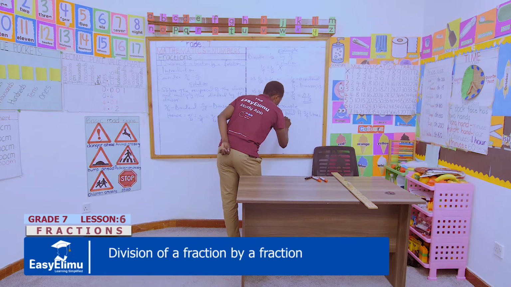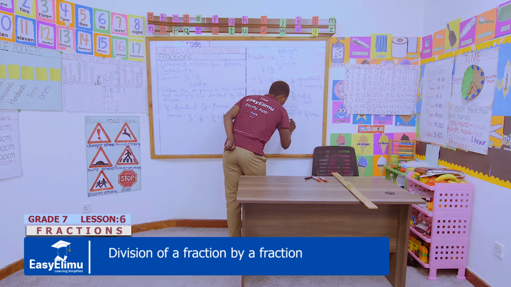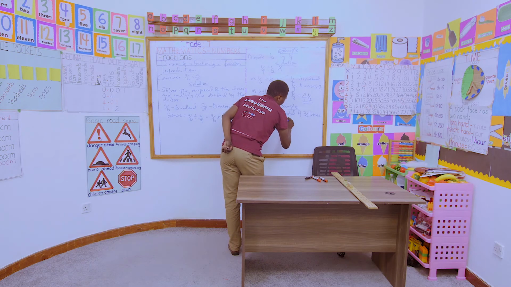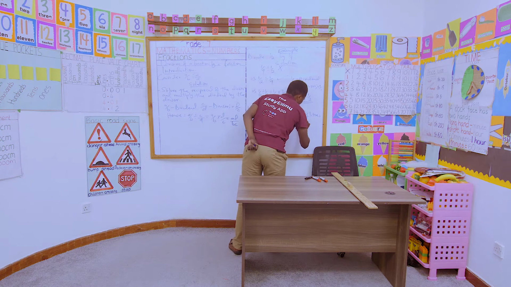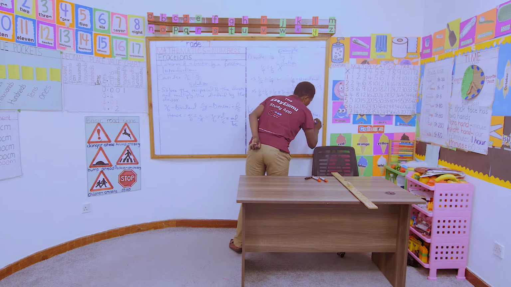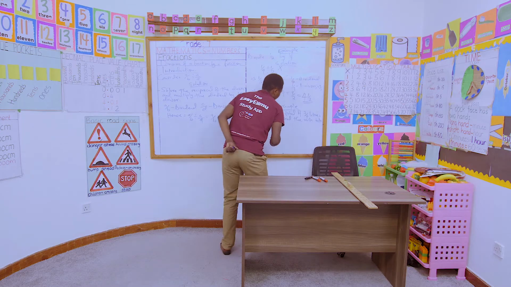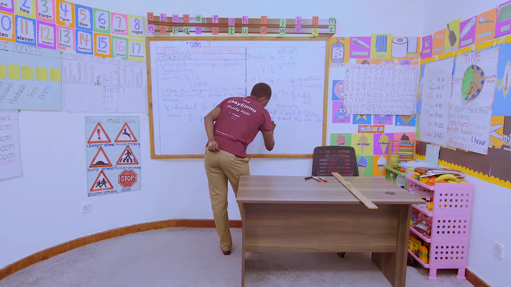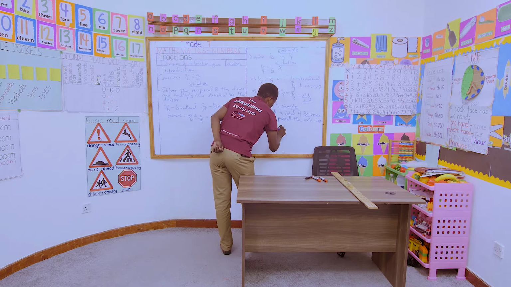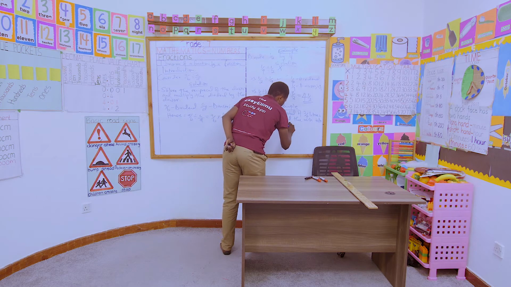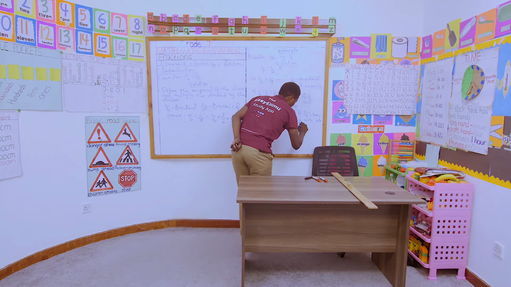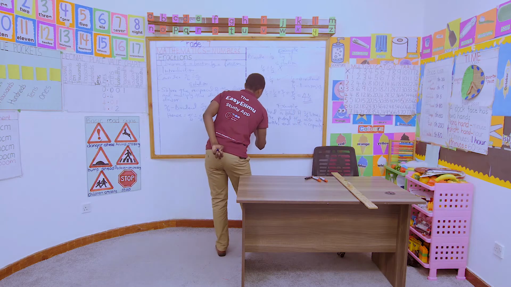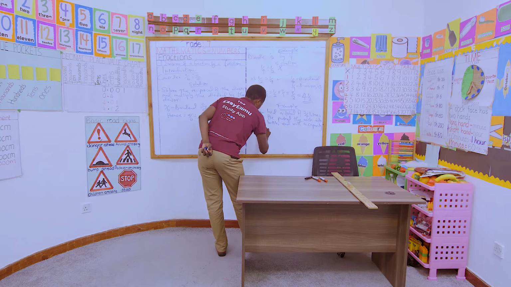He packed the milk into smaller bottles, each with a capacity of 1/8 liters.